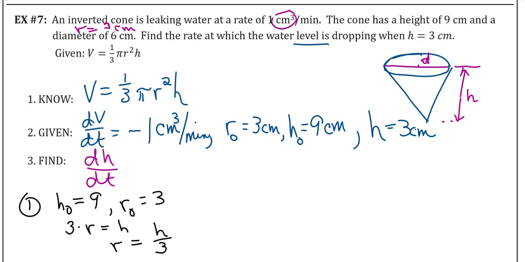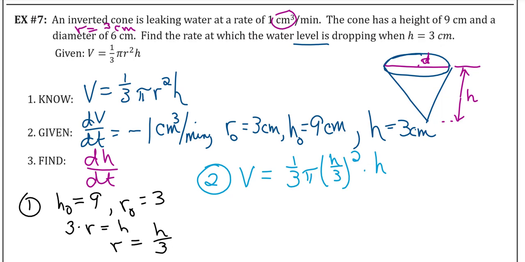So we can replace R with H over 3. So now what we can do is rewrite our formula this way. So V is going to equal 1/3 pi h over 3 squared times h. Okay? So simplifying that, we get a volume of pi over 27, because we have a 3 here and we'll have a 9 there. And now we're going to have h squared and h, so h to the third.